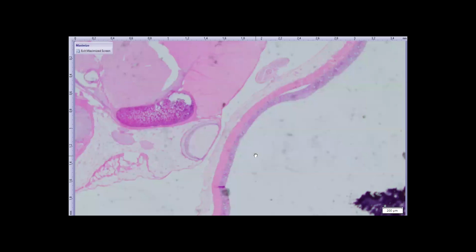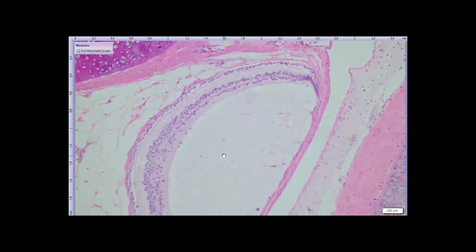So the hagfish has no external eyes. The eye is embedded underneath the integument, which is here. The hagfish eye has a retina, arranged like a vertebrate retina. But there's only 2 neural layers.